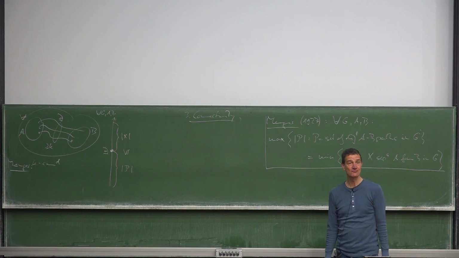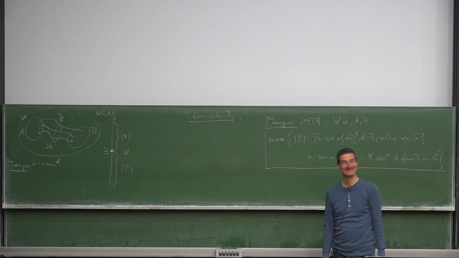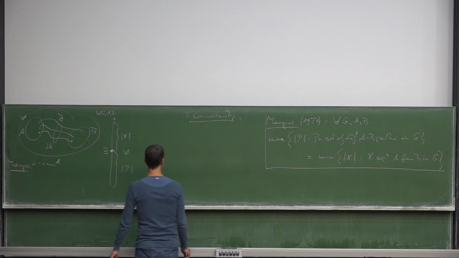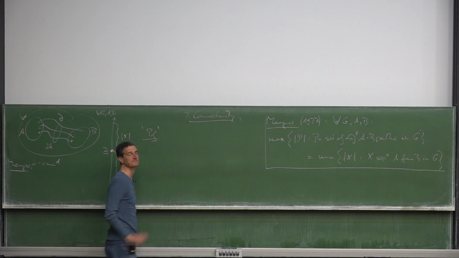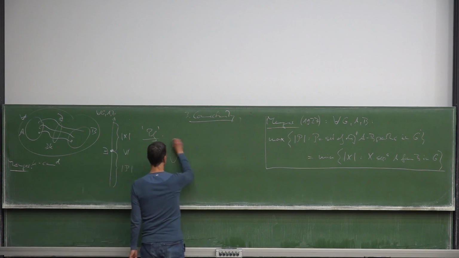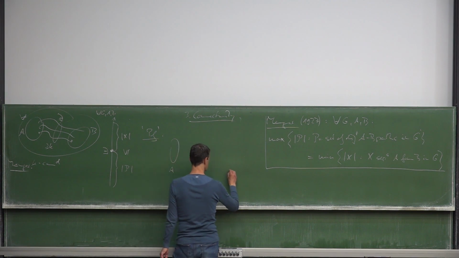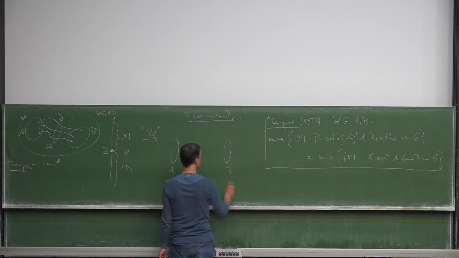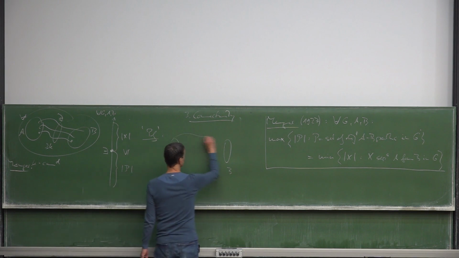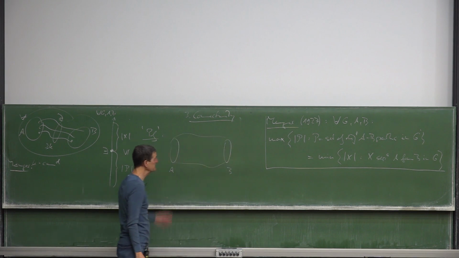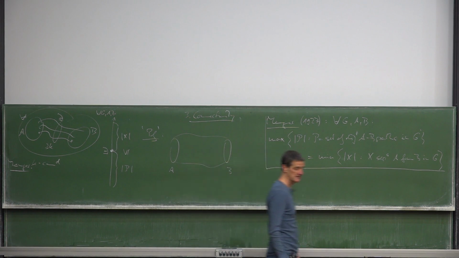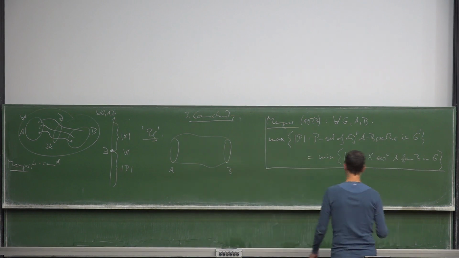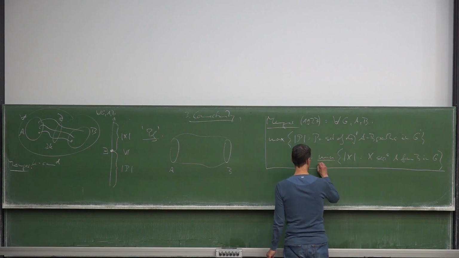Okay, ready for a false proof? We'll do induction on the number of vertices, the order of G. So we have our two sets, A and B, and let's give this number a name.